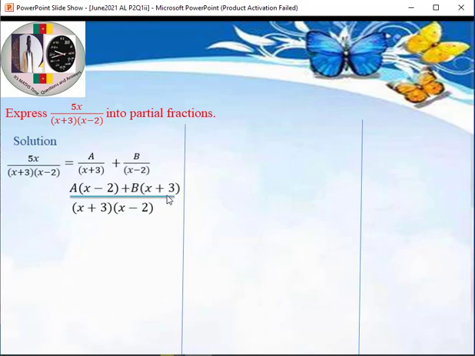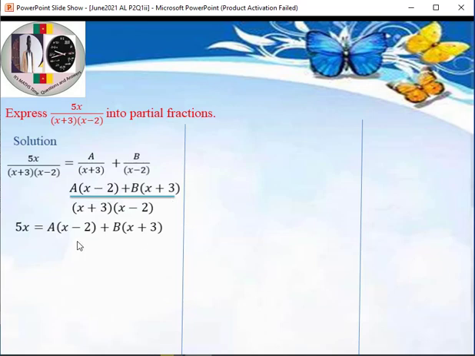Those must be equal. Therefore 5x should be equal to A into (x minus 2) plus B into (x plus 3). So we will need to open up the brackets of the terms on the right.